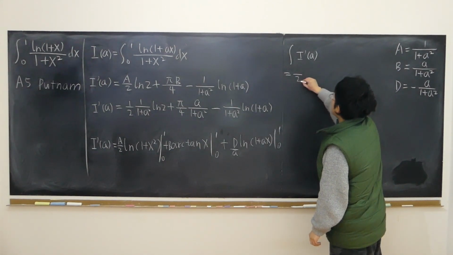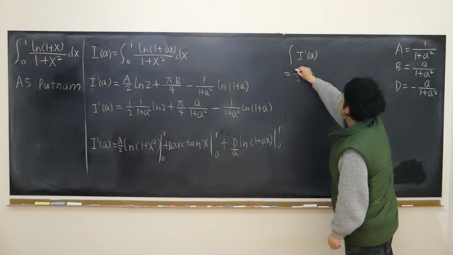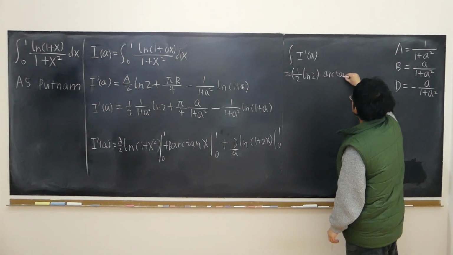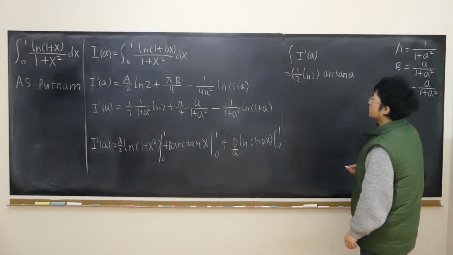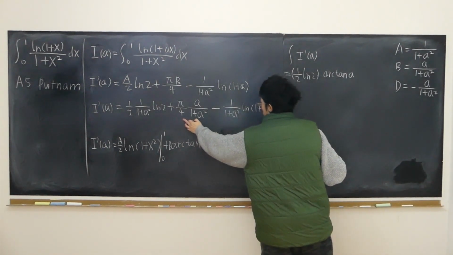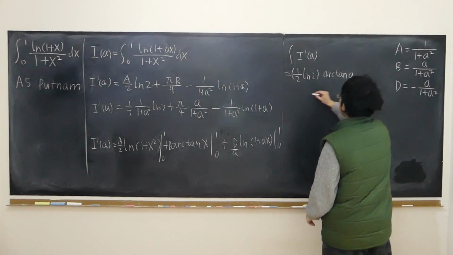So half log 2 times arc tangent a. Right? What is this? This again is simply pi over 4 times log of 1 plus a squared times some constant.